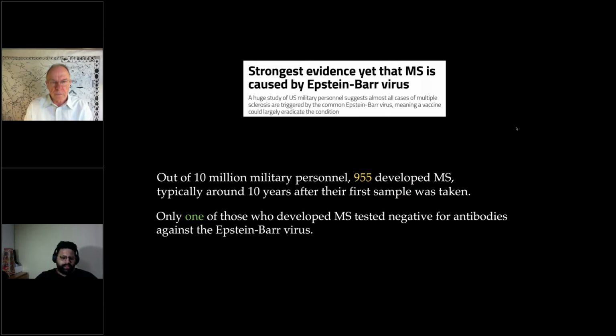They did it for around 10 million people, but not completely randomized. What they found was that of the 955 patients with MS, 954 had antibody for Epstein-Barr virus. So I don't know what the significance is in India, as a triggering factor for MS.